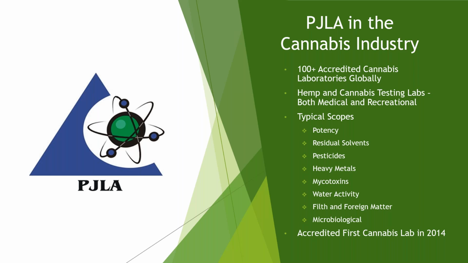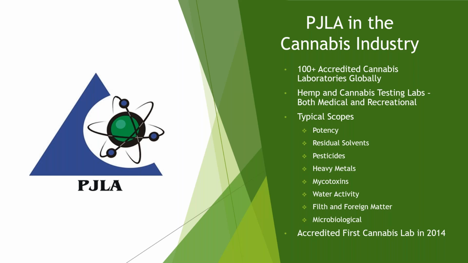So just a brief overview. Some of you might be already aware, PJLA has been very involved in the cannabis industry really since 2010, when we started hearing about laboratories wanting to become accredited for this. We were a little hesitant at first how this was all going to work, but we had the opportunity really to accredit the first laboratory in the US in California back in 2014.